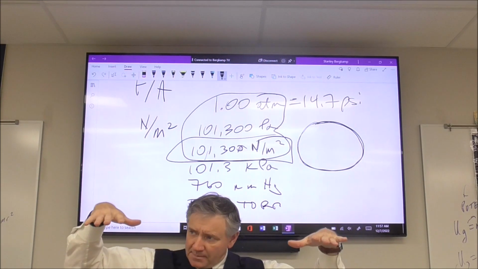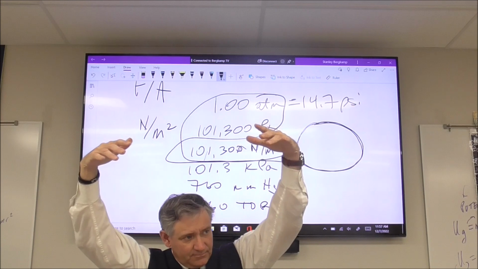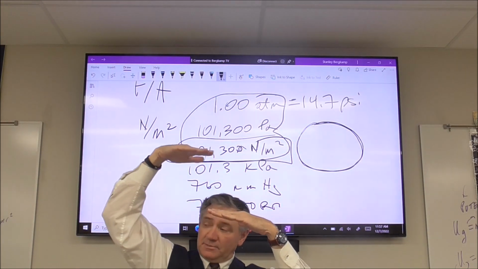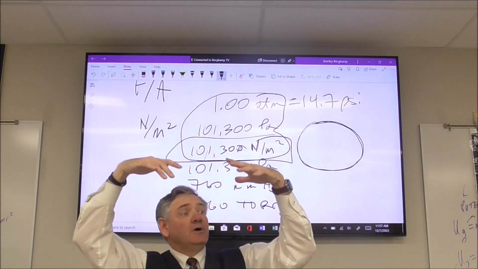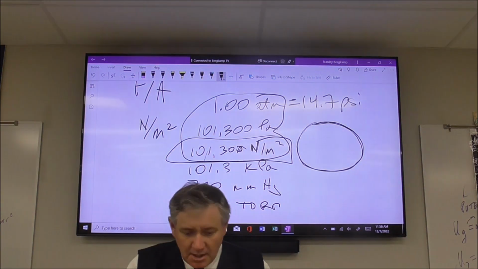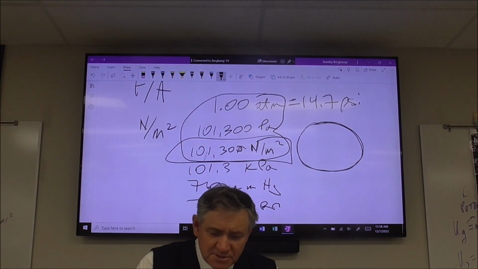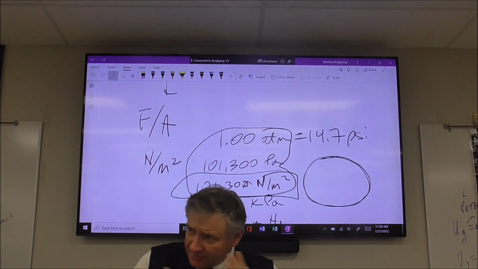If you're at the bottom of that pyramid, you're carrying the weight of everybody above you. But if you're higher up on the pyramid, you have less weight above you, so the pressure is less as you go higher and higher. Okay, so pressure is created by these tiny bits of matter hitting, bouncing off, hitting, bouncing off.